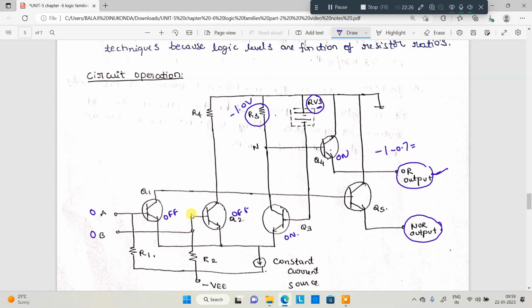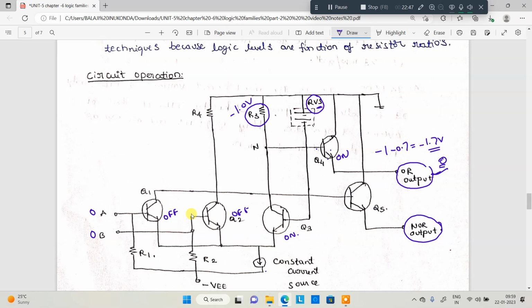In case of germanium, it is 0.3. It is 0.7, so now it is minus 1.7 volt at this particular output. So it is a logic 0. Got my point? It is more negative, right? More negative is nothing but a 0 volt.